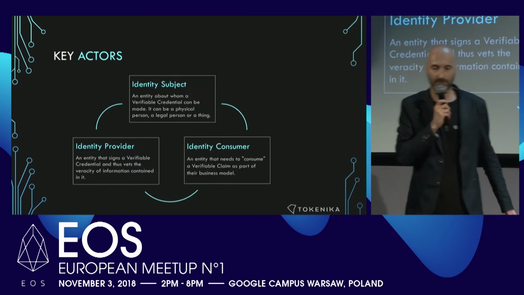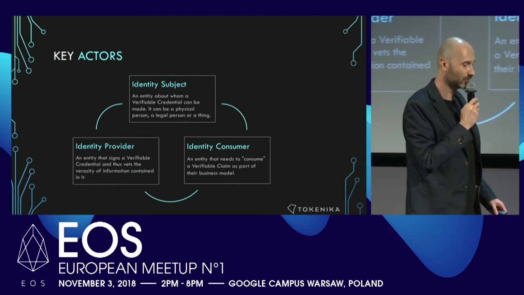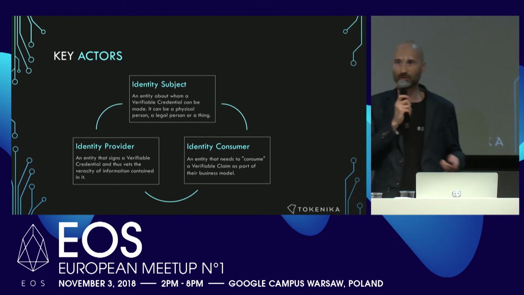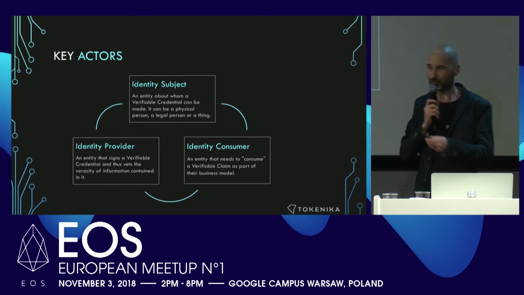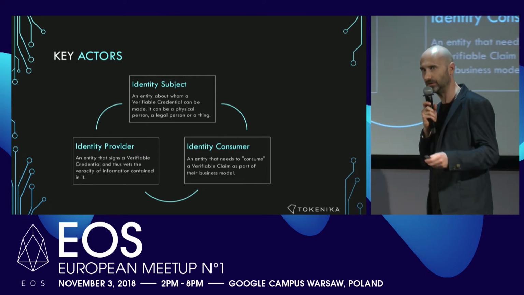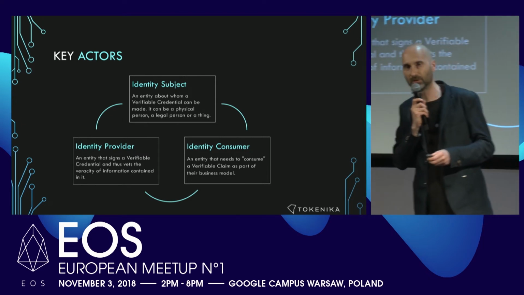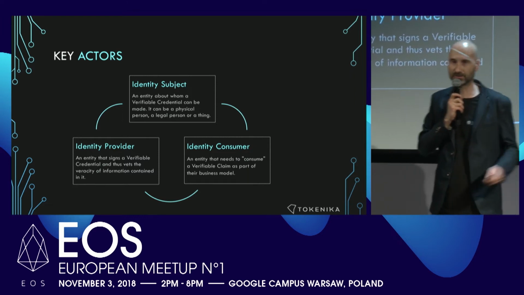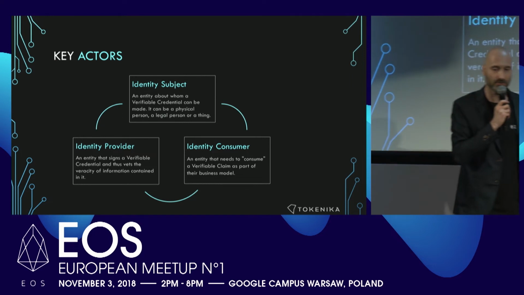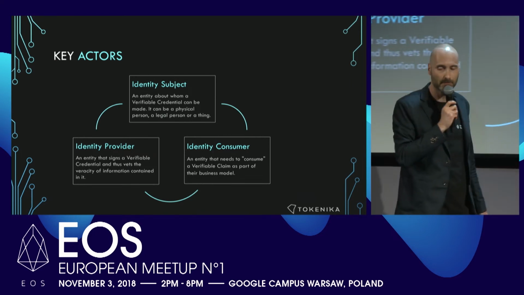And then you have this identity consumer or service provider that wants to consume this information, that wants you to be a customer of their service, and then they need this information to be true, so they trust this identity provider. So we have just those three actors working together.